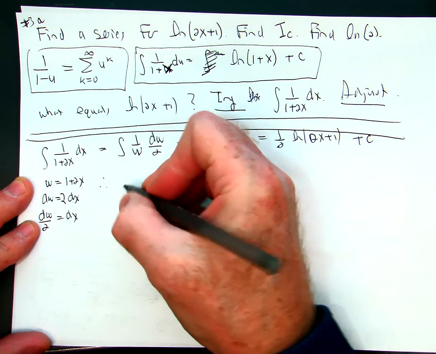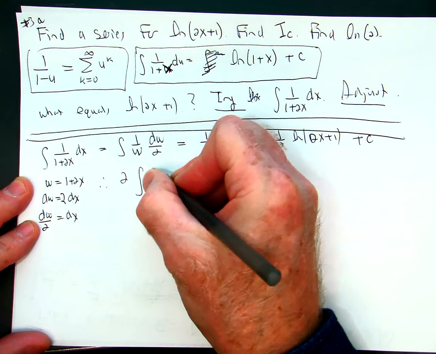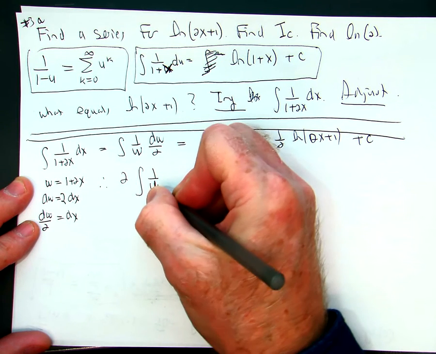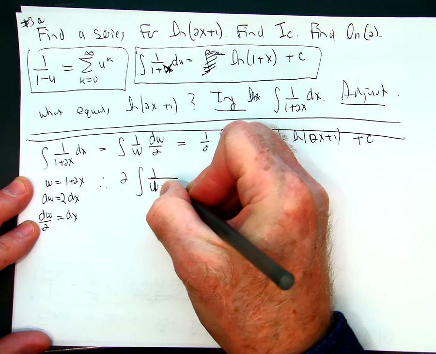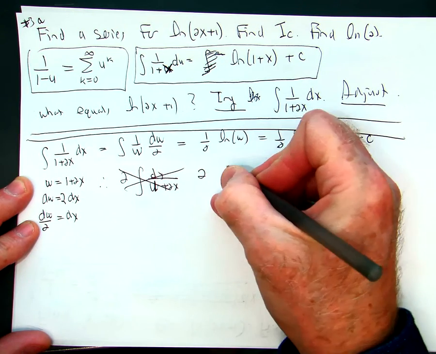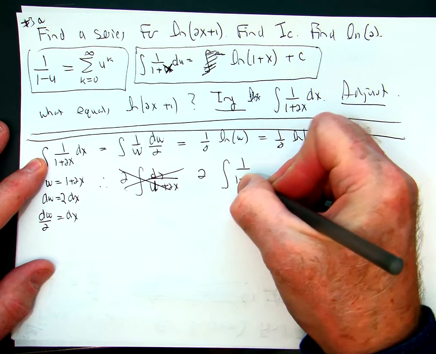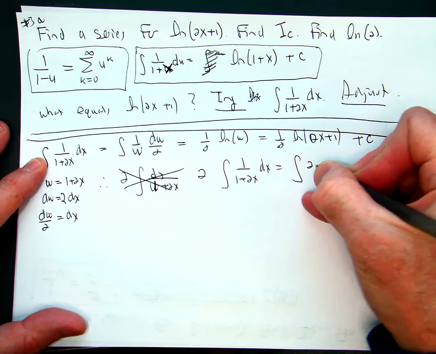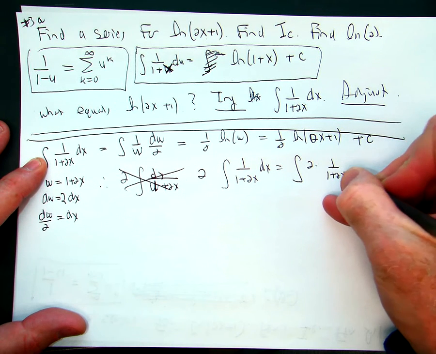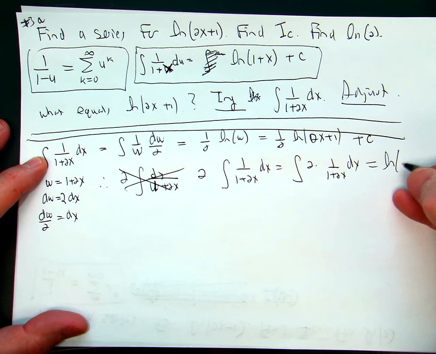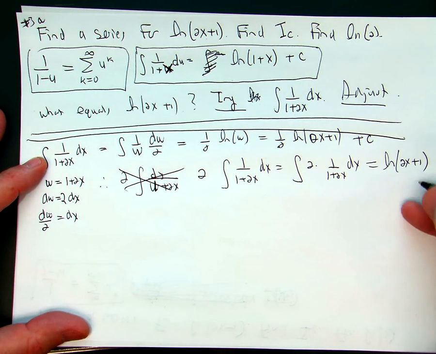So therefore, the integral of 2 over 1 plus 2x dx equals the log of 2x plus 1, or 1 plus 2x, however you like to look at it. And so, plus the constant.